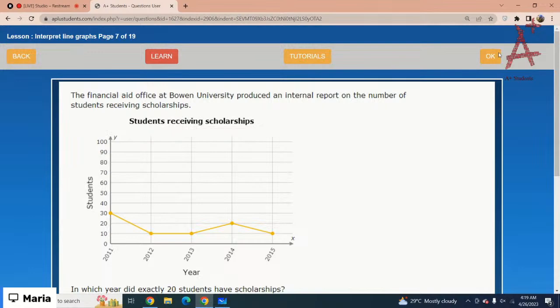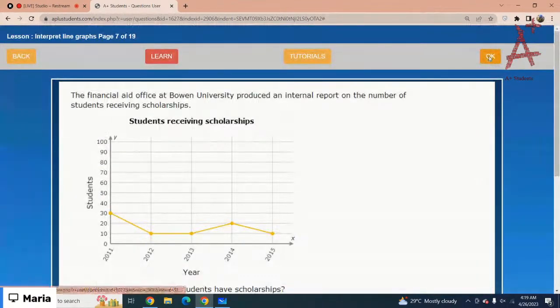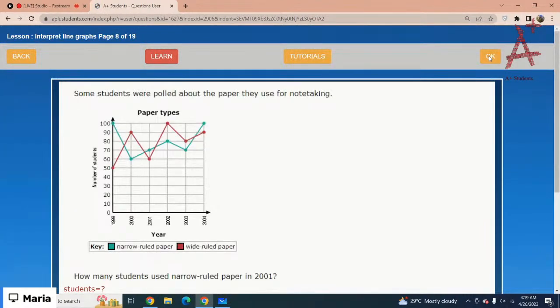Yes, that would be 2014. Very good. Okay, the next one is some students were polled about the paper they use for note taking. How many students used narrow rule paper in 2001?